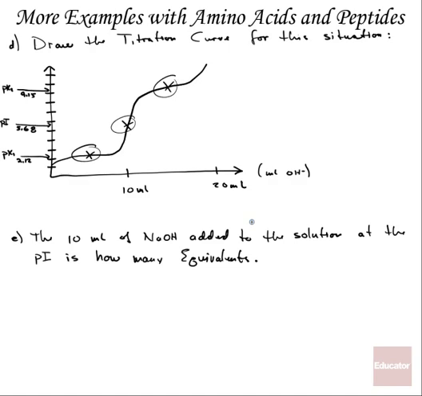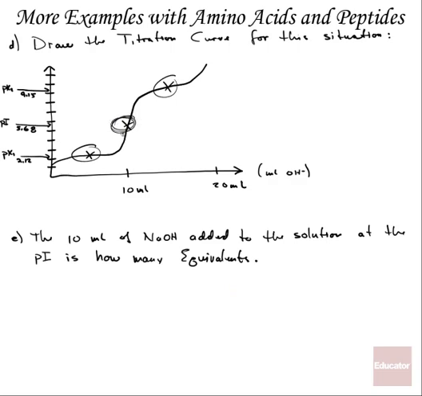We're speaking more globally. A particular amino acid might have 3 ionizable groups. Therefore, in order to fully ionize that amino acid, I have to add 3 equivalents of hydroxide: 1 for the carboxyl, 1 for the alpha amino, and 1 for the R group. That's all that's going on. So in this particular case, 1 equivalent has been added to bring it to the pI.